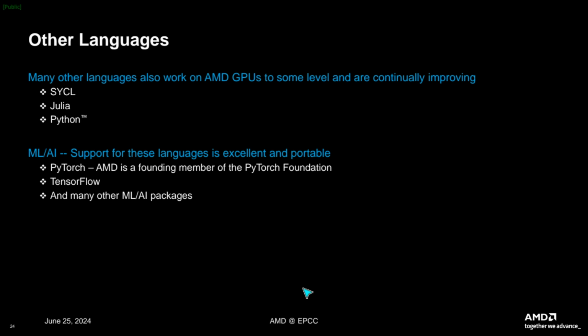Julia, we've had applications written in Julia run on AMD GPUs. Python, many of the Python libraries also run on AMD GPUs, even though they're sometimes still called things like CuPy. They have been modified to support AMD GPUs as well.